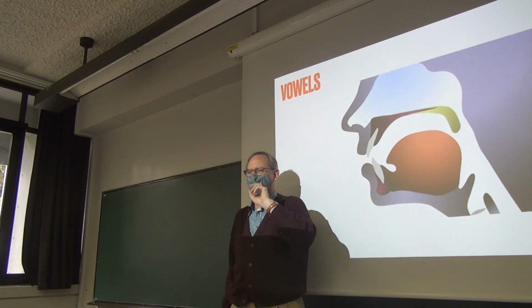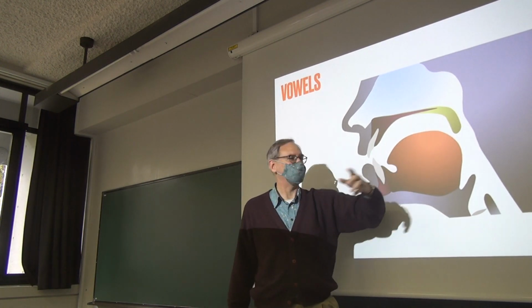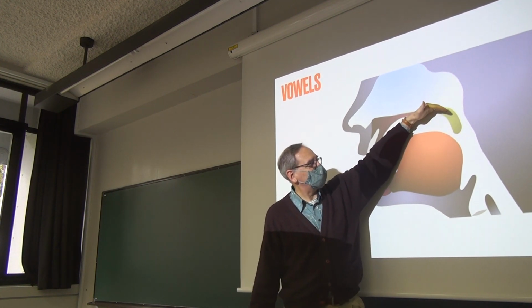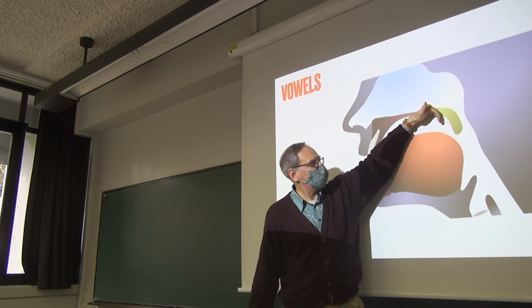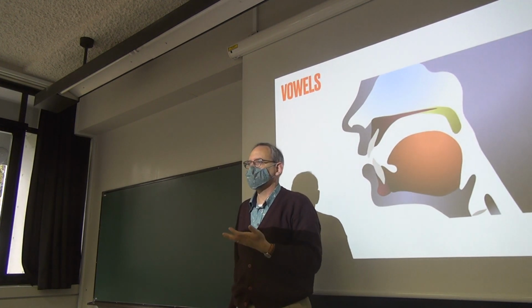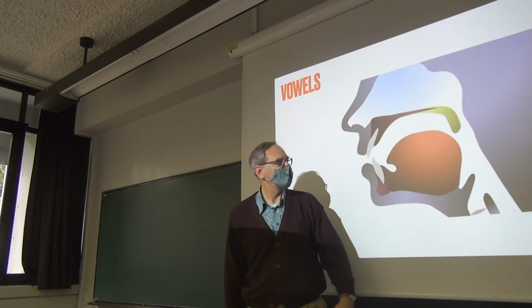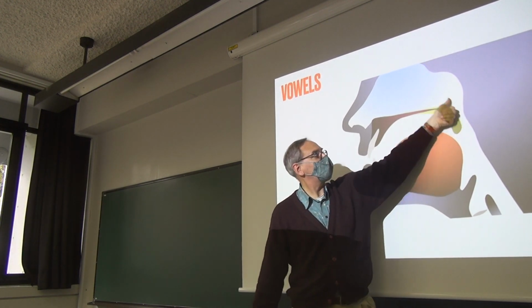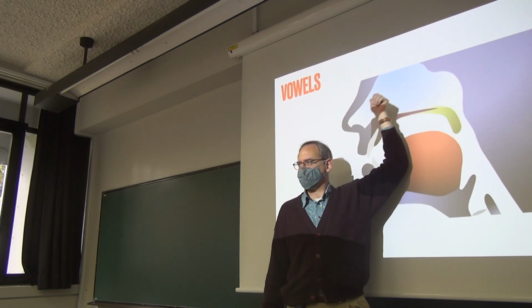Don't try this. It can kind of trigger a reaction. But it's soft back here, and there's muscle there that lowers and raises. So you can close your mouth and breathe. How are you doing that? Well, the velum lowers, allowing the breath to pass through the nose.